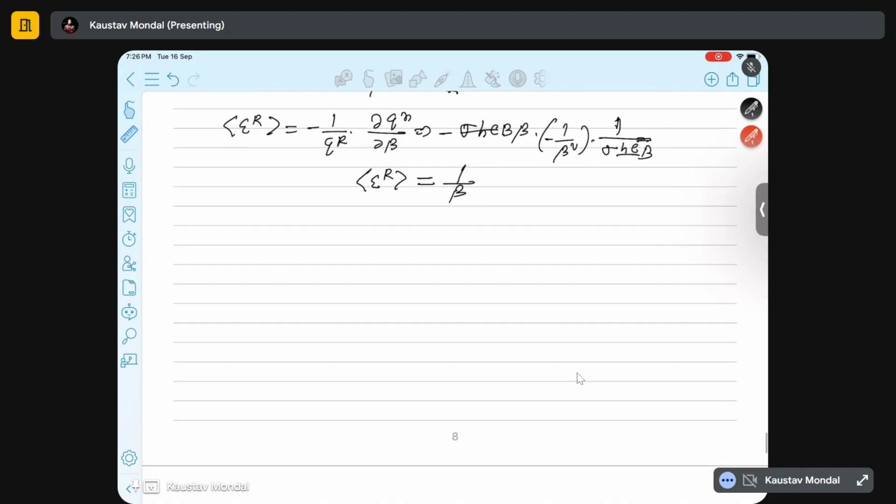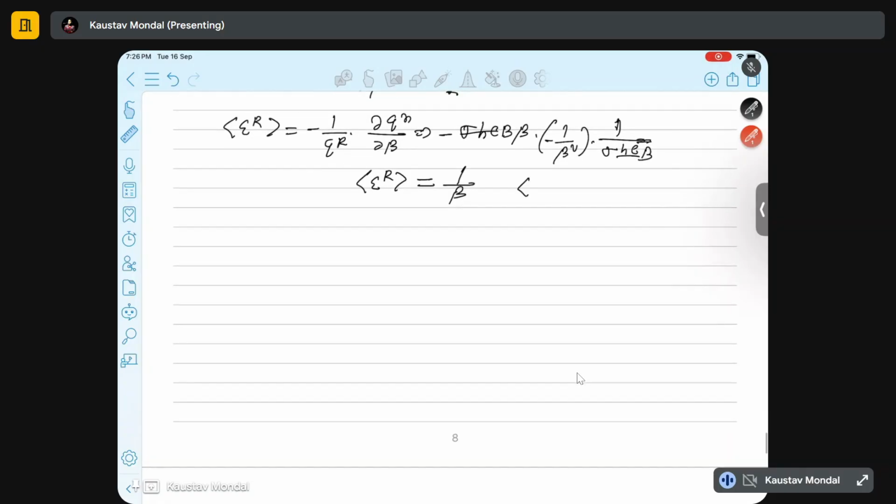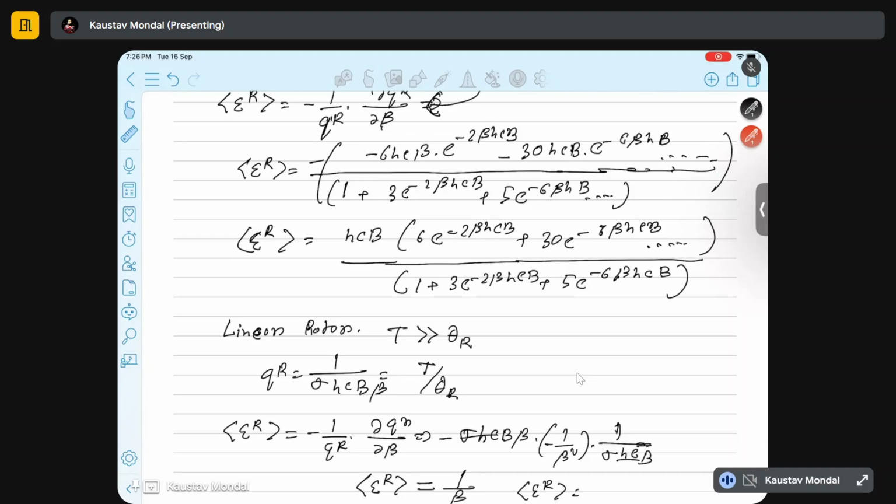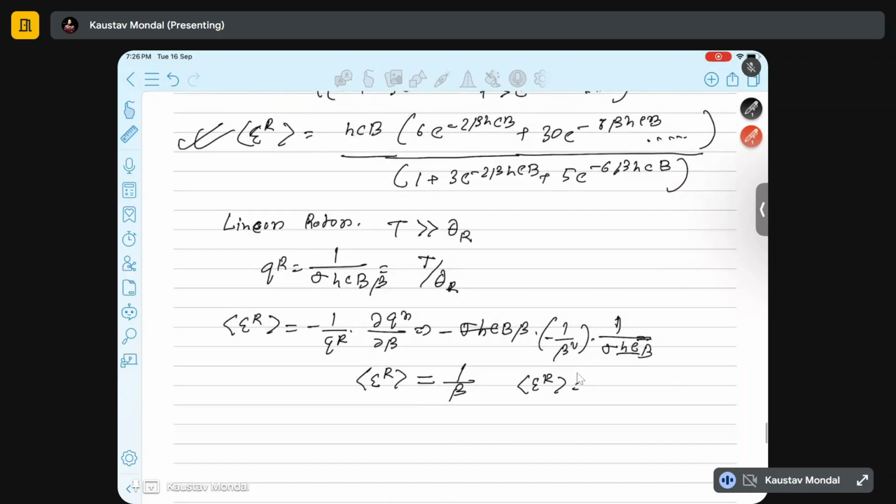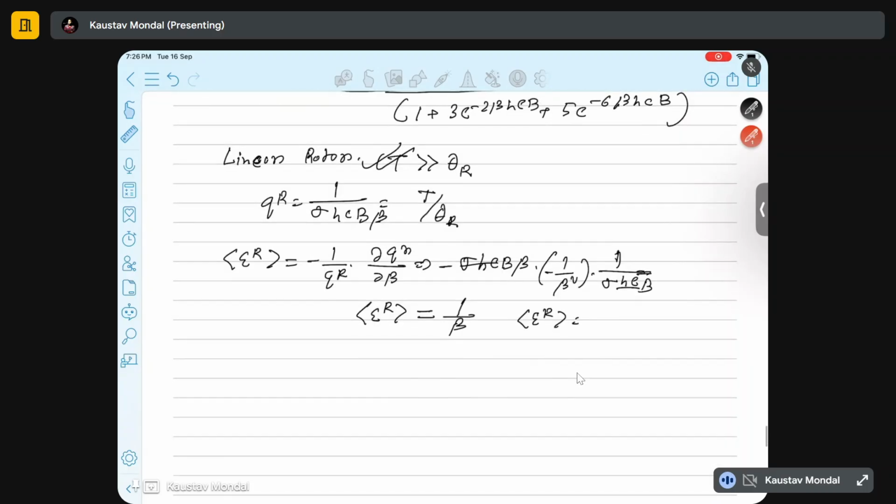So for the high temperature case, ER is simply kBT, where k is the Boltzmann constant.